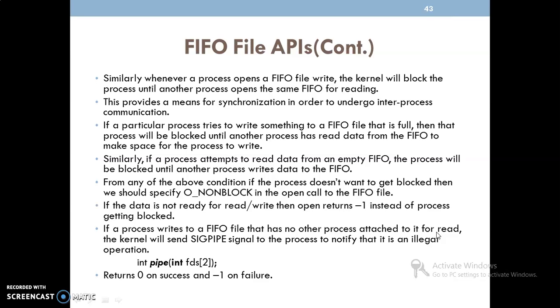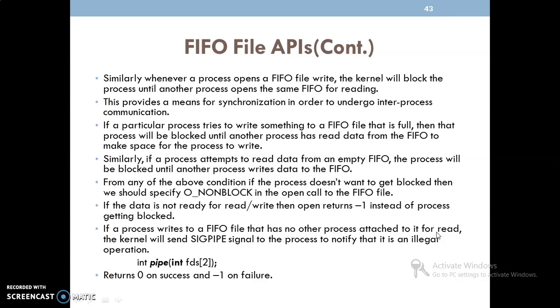Similarly, whenever a process opens a FIFO file for write, the kernel will block the process until another process opens the same FIFO for reading. This provides a means of synchronization in order to undergo inter-process communication.